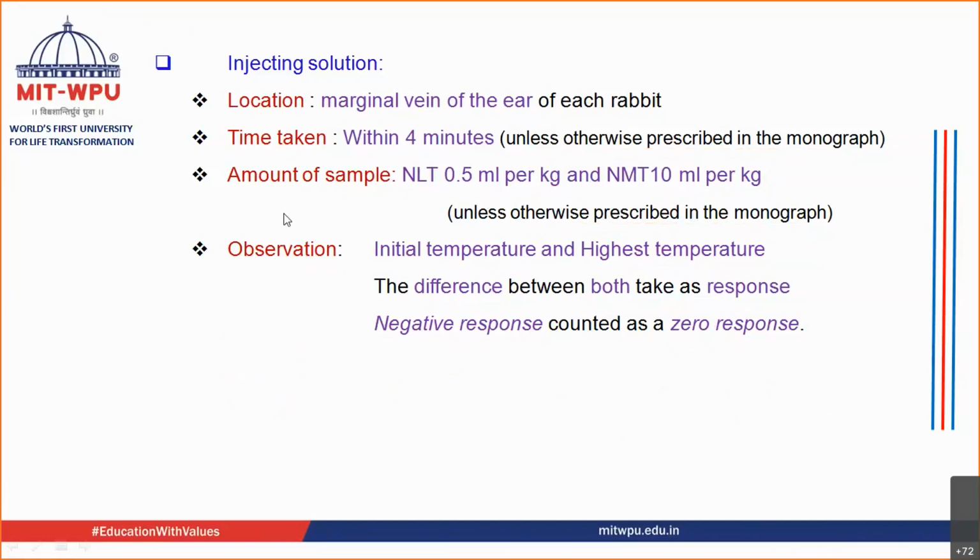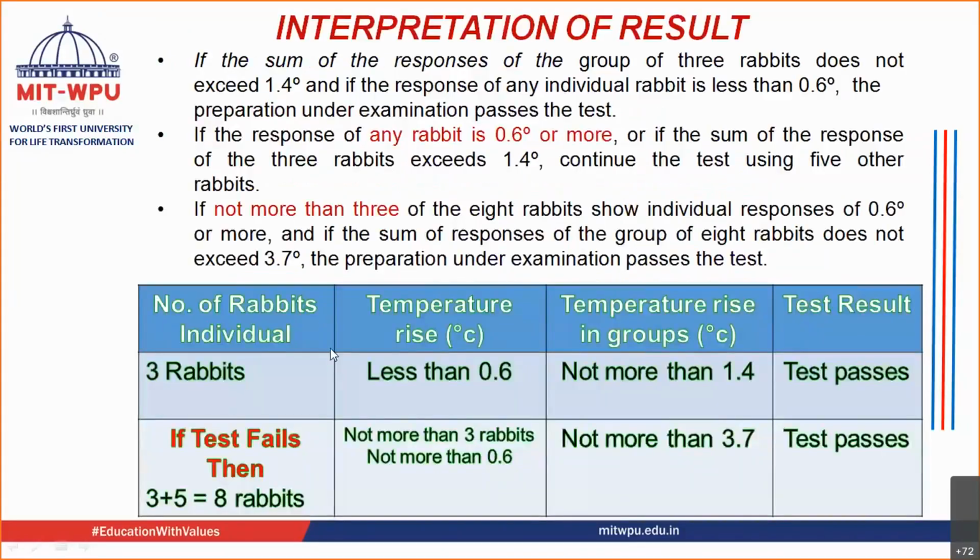Moving ahead, how you are going to interpret the results. Now you have got the readings, the initial reading and the reading during the test. You have carried out the test on 3 rabbits.